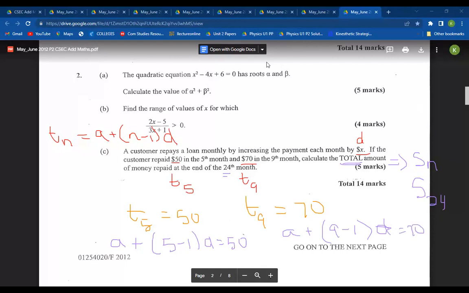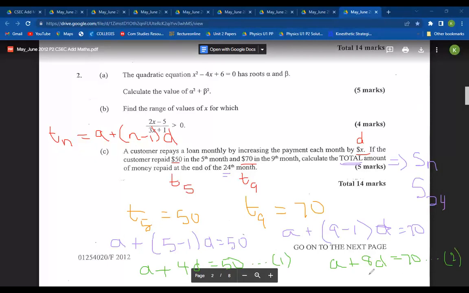Simplify the equations. So A plus 5 minus 1 is 4, D is equal to 50. That's my first equation. And then A plus 9 minus 1 is 8, D is equal to 70. That is my second equation.